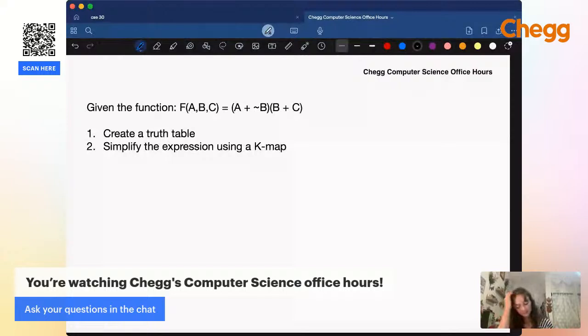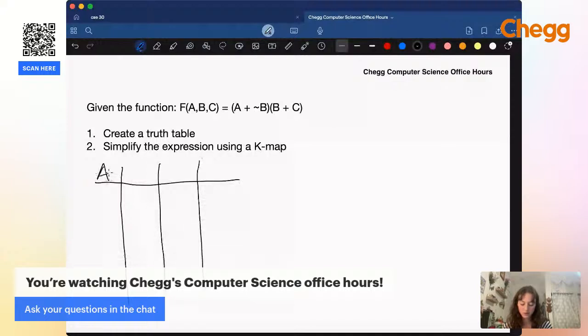So this function is A or not B, and B or not C. So I'm going to make a truth table. And the cool thing about K-maps is we can have a function, right? I simplified some Boolean logic functions before in my first problem, but those were through properties of Boolean logic.